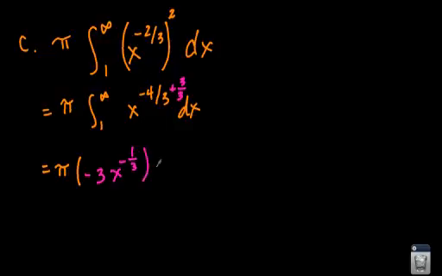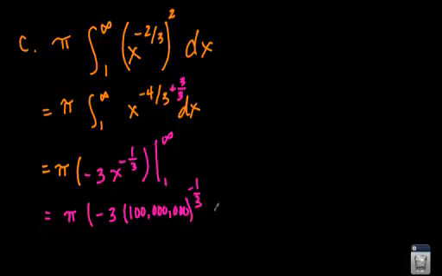So x to the negative 1/3 is the integral, and then we're going from 1 to infinity. I'm going to pick a really large number to put in for x, like 1,000,000 or 10,000,000 or 100,000,000. The bigger the better, because I want to get as big as possible for the infinite part. And now from that, I'm going to deduct out what I get when I put in 1.